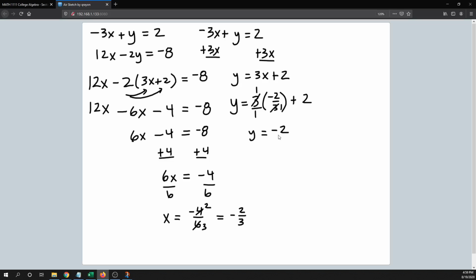So negative 2 divided by 1 is negative 2. And then plus 2 here, and I wind up with a y of 0. So the final answer is that the solution of the system is negative 2/3, 0.